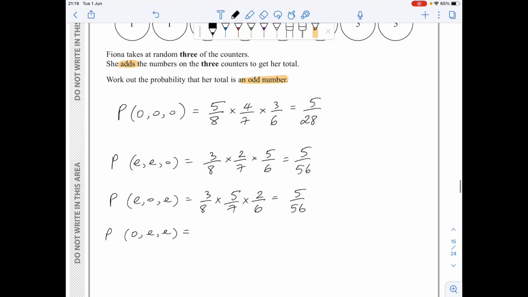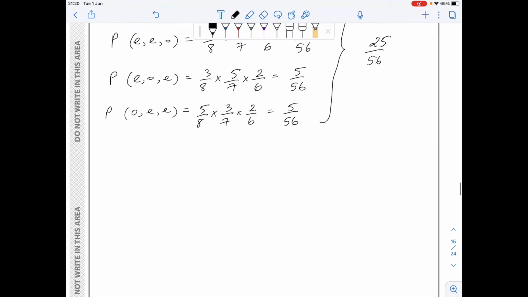Similarly, for the last one, to get an odd number, that's 5 over 8 times, and then for an even, I've got 3 out of 7 times 2 over 6. Again, same numerators but in different order, so same result. So if I add these results up, I will get 25 over 56.